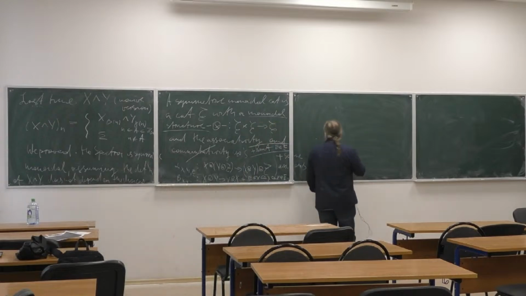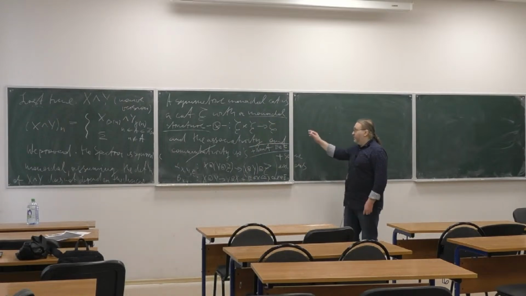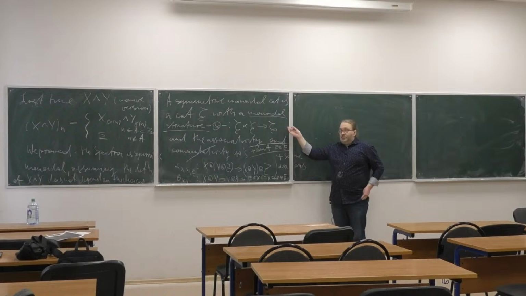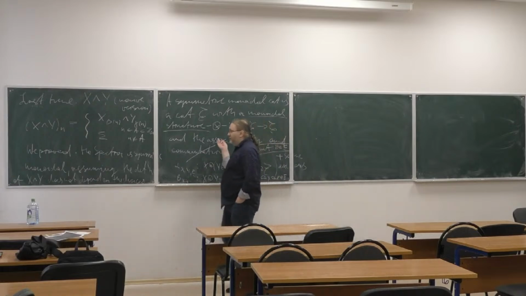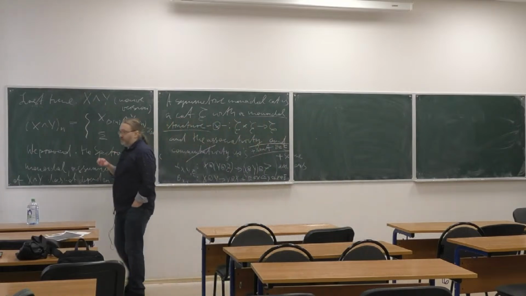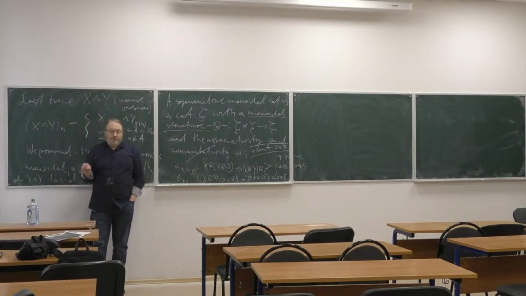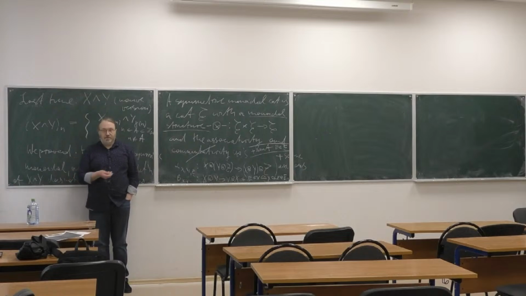By the way, lots of familiar examples of monoidal categories are in fact symmetric monoidal. Well, one example is sets or topological spaces with the Cartesian product as the monoidal structure.